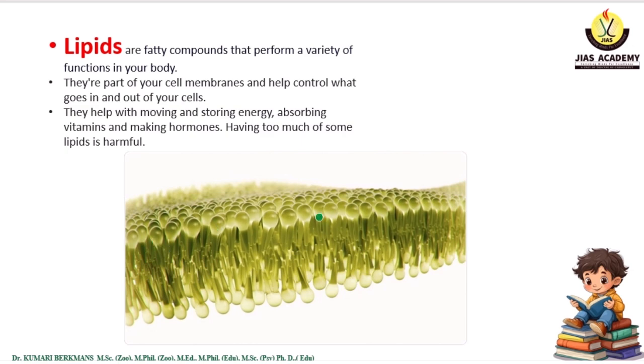Okay, the bilayer phospholipid is present in the cell membrane, and lipids help with moving and storing energy, absorbing vitamins and making hormones. And it allows the hormones to work inside, and having too much of lipids is also very, very harmful. We have to take an adequate amount of lipids.